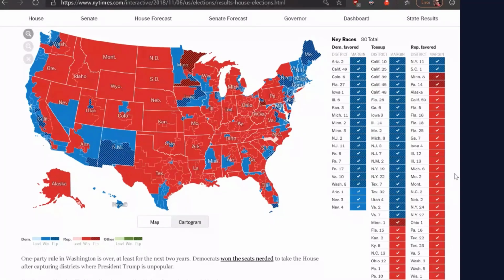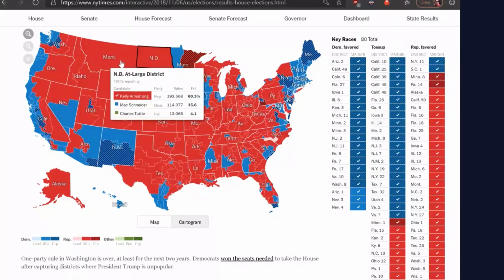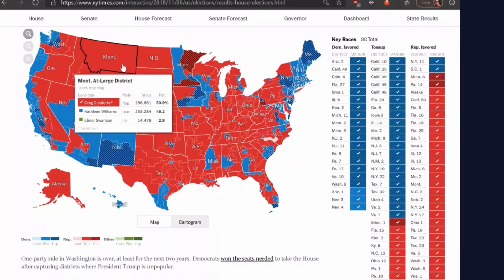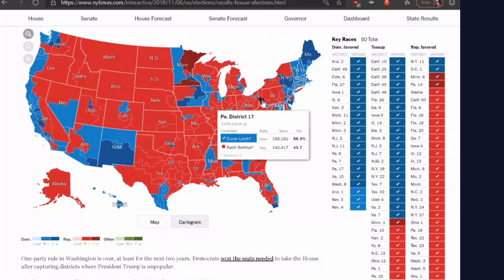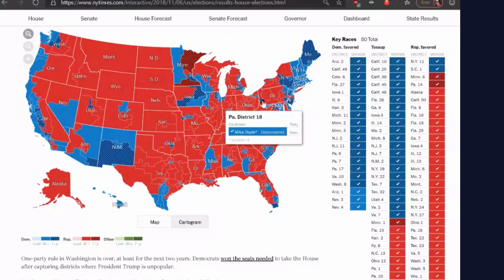But in the United States, each district represents roughly the same number of people. So Montana, right here, has the same number of people as Allegheny County, right down there, Pittsburgh, District 18. So this map, geographic maps can be very deceptive.